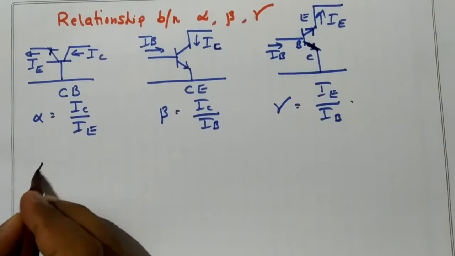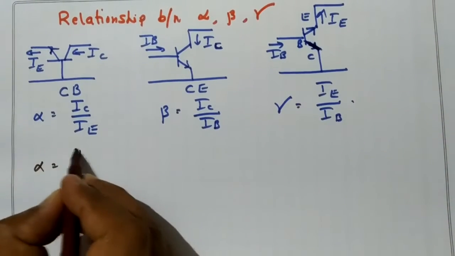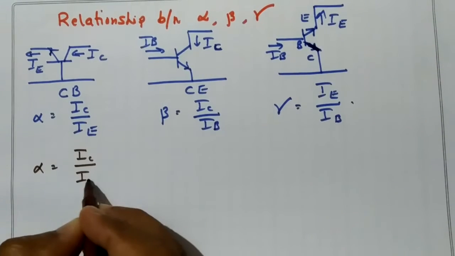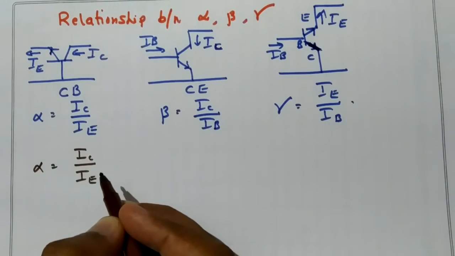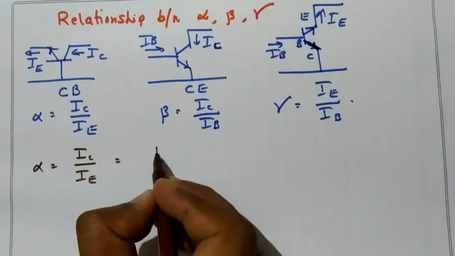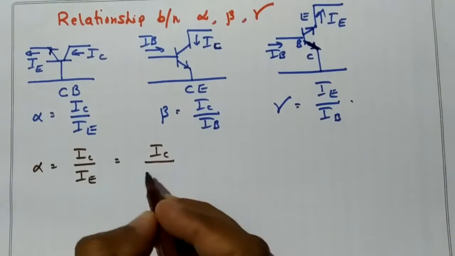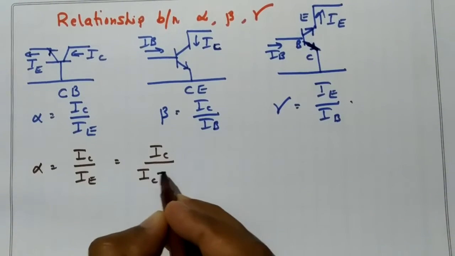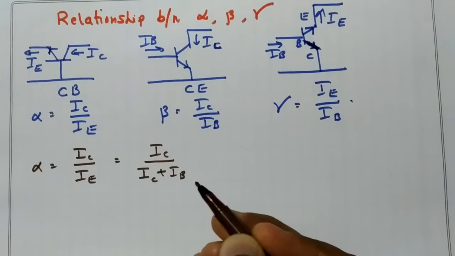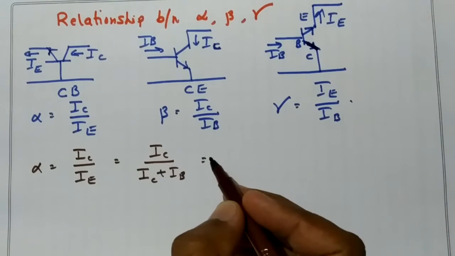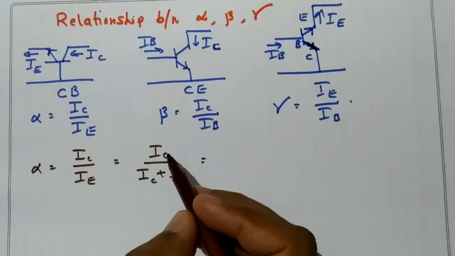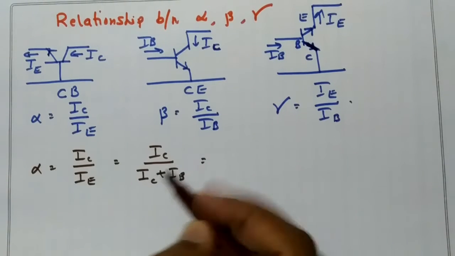Now alpha is equal to, from this equation, IC divided by IE. Now which is equal to IC divided by IE, the emitter current, that is equal to IC plus IB, which is equal to, I'll divide the numerator and denominator by IC.